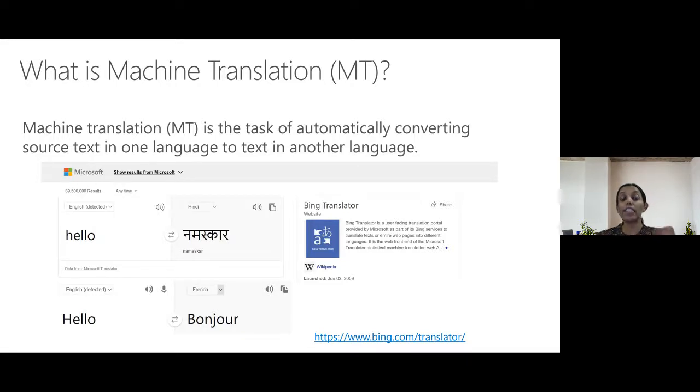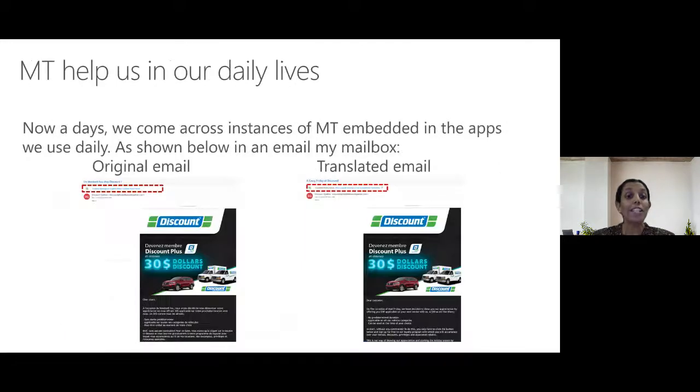In this case, the source text was all in English because I was proficient in English. I'm interested in learning a bit of Hindi and French, hence that's what I was translating to. I think most of us have seen translator applications in our day-to-day lives.